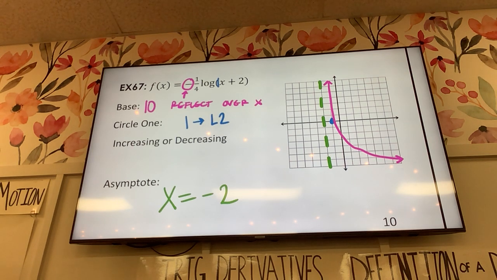If you think about your log properties, the numbers in front can pop back up and become exponents. When you have a negative exponent, that's when your guy gets flipped around and it changes your growth to be a decay or your decay to be a growth. Does that make sense? So that's why it gets funny with the negative in the front. And are we increasing or decreasing? Decreasing.